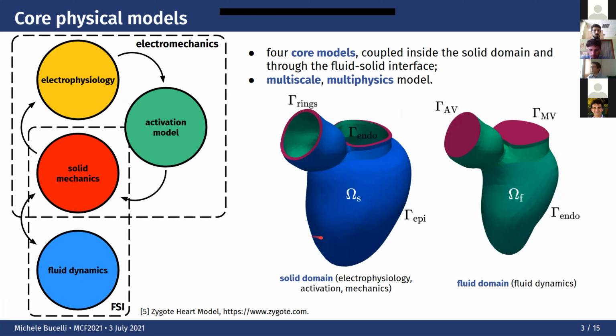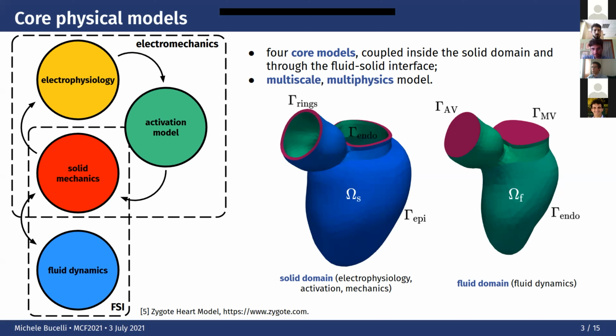They are defined either in this domain on the left, omega S, which represents the myocardium, or in the domain omega F, which instead represents the volume occupied by the blood within the heart. The different core models interact, of course, and they do so either within omega S or through the interface between omega S and omega F.